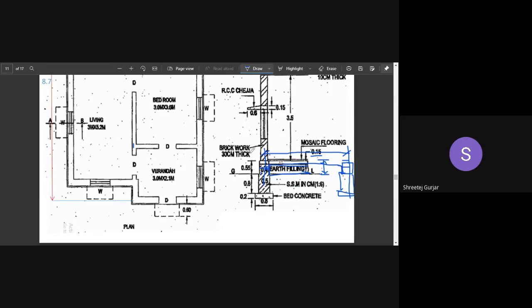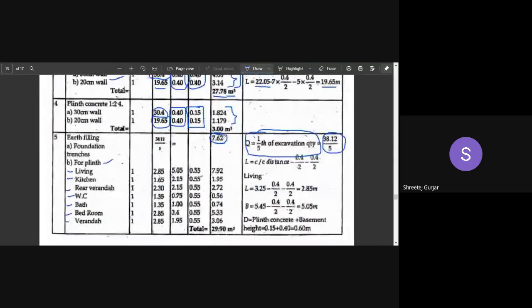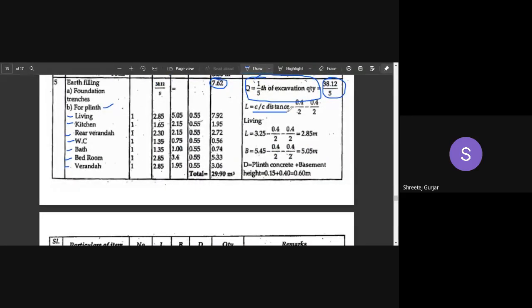That is why we are doing our calculation: center to center length minus 0.4 by 2 minus 0.4 by 2, which they have shown in your calculation part. So the number will always be 1 everywhere in your center line method, okay, it will be 1.